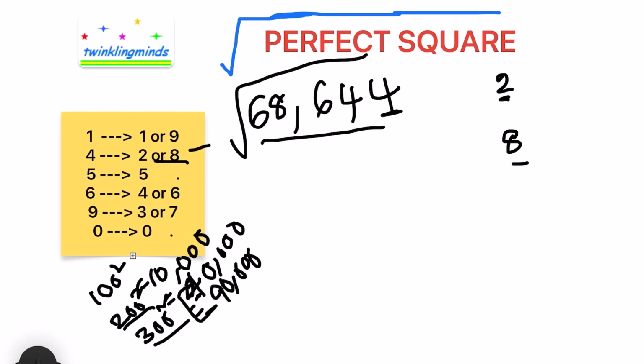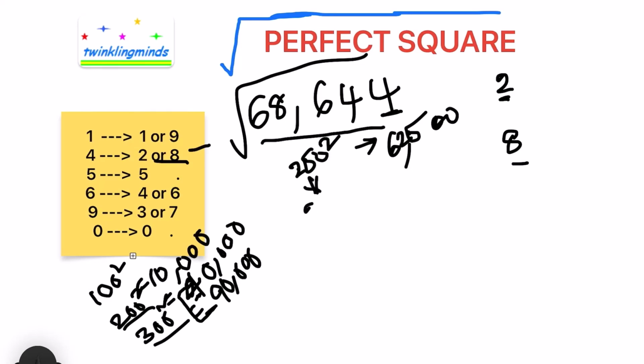So let us see what will be the value of 250 square. It's basically 625, so 62,500. So our square root is somewhere above 250 but closer to 250.